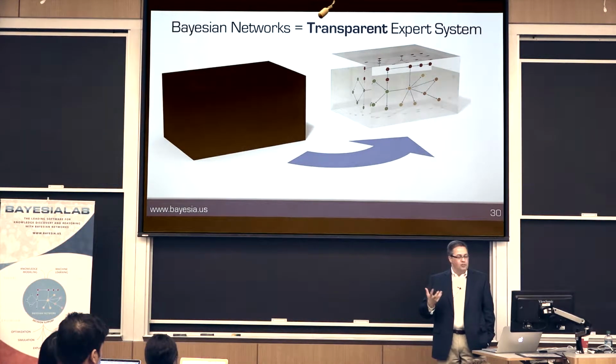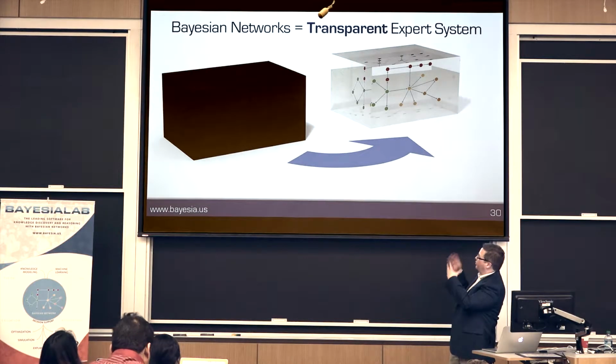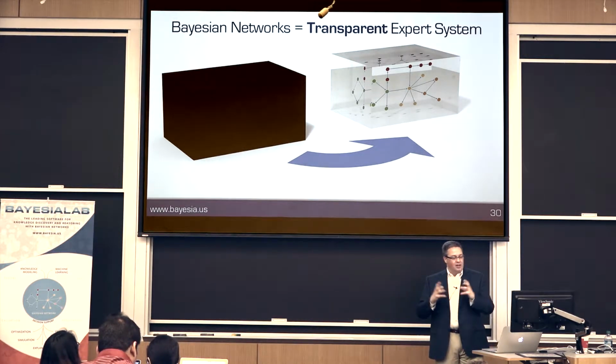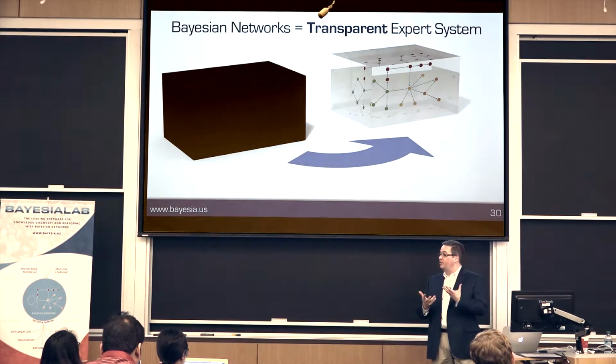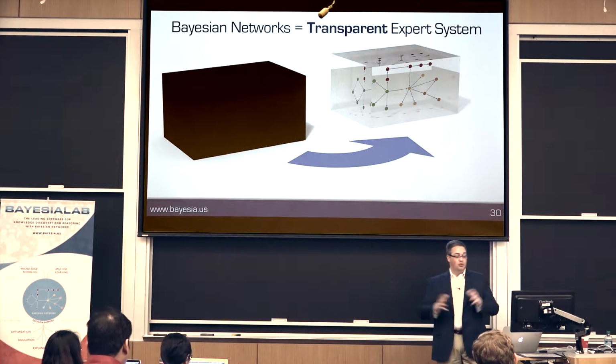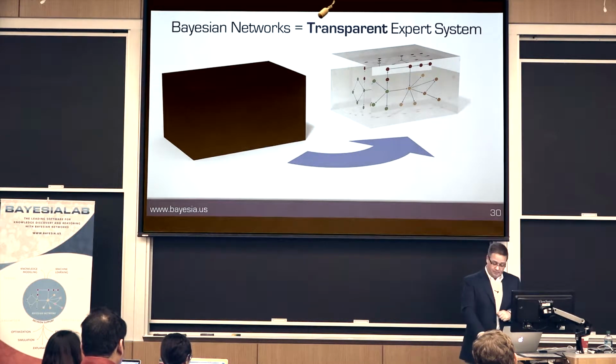With Bayesian networks, you really move from a black box approach to, we think of it like, this glass cube. You have a very transparent expert system where a lot of people can engage with you and actually help the researcher make sure that this approach is appropriate.